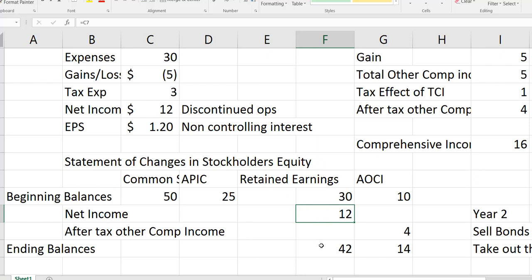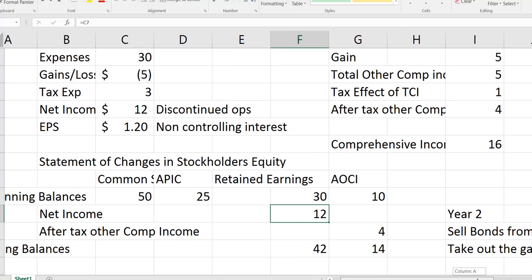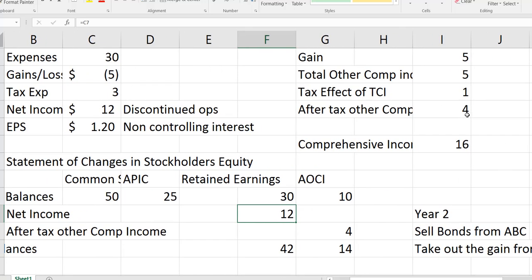A net loss would make retained earnings go down, net income makes it go up. But here's the thing to remember. The after-tax other comprehensive income goes here in the AOCI column, which means we're going to have an AOCI account on our balance sheet too. But that's for next week. All right? So that is where that came from.